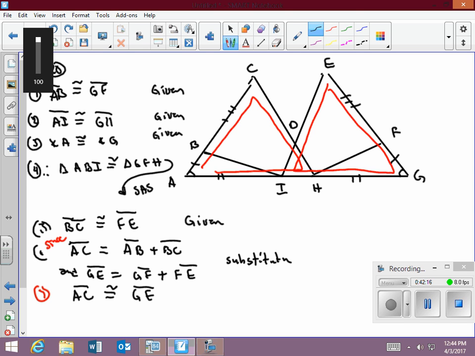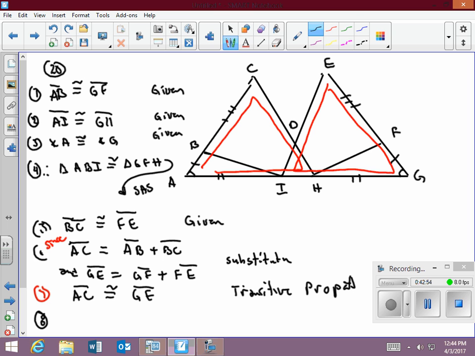And this would be a transitive property, because what you're doing is you're saying AC is equal to AB plus BC, and AB is congruent to GF and BC is congruent to FE, and that's true, therefore it's equal to GE. We're using transitivity.